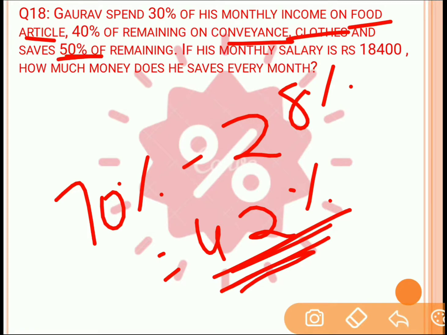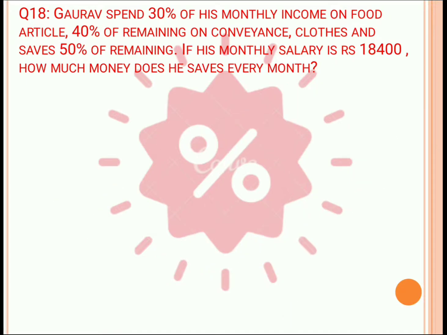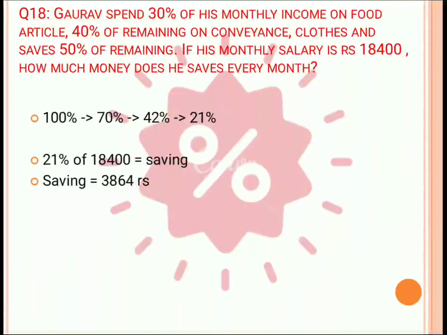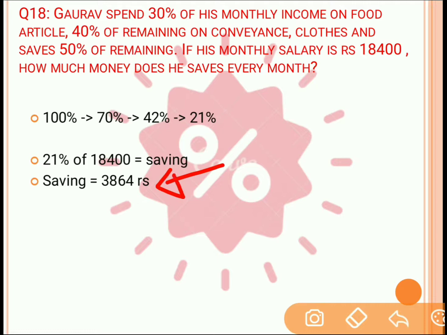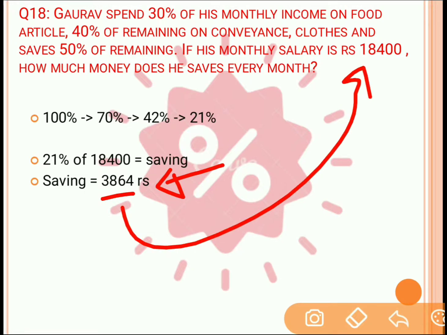So 50 percentage of this 42 percentage is nothing but 21 percentage. So 21 percentage is the saving. Now from here we can say that 21 percentage of 18,400 is equal to the saving. So the saving is equal to 3,864 rupees, which is the saving from this total salary.